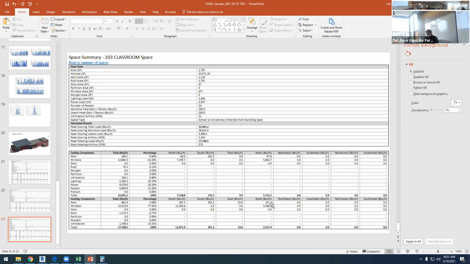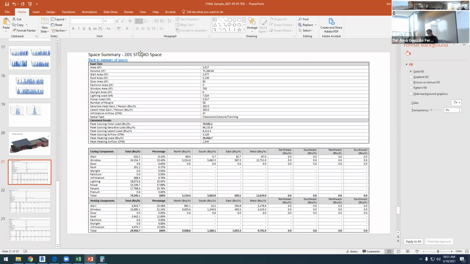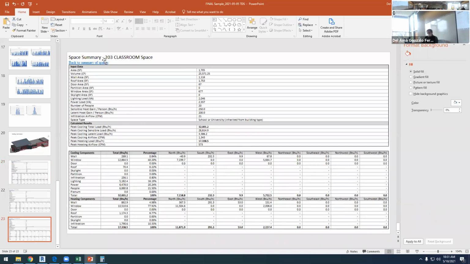So by looking at this, I can trust this report. Kind of, I trust this report. You have to do this with the classroom, with the lobby, and the studio. Since the studio is bigger, the peak cooling and heating loads should be bigger than the classroom.